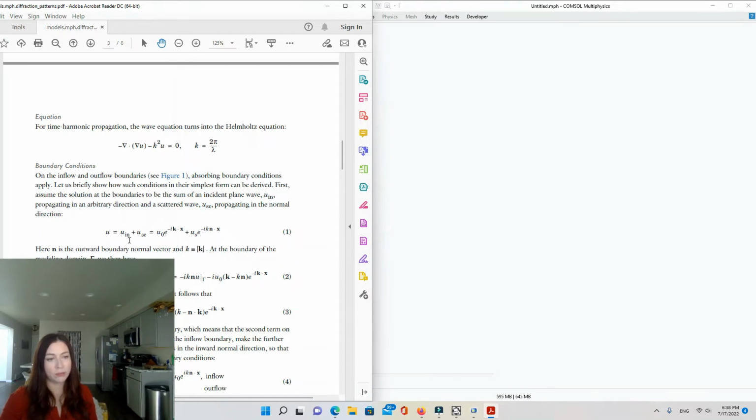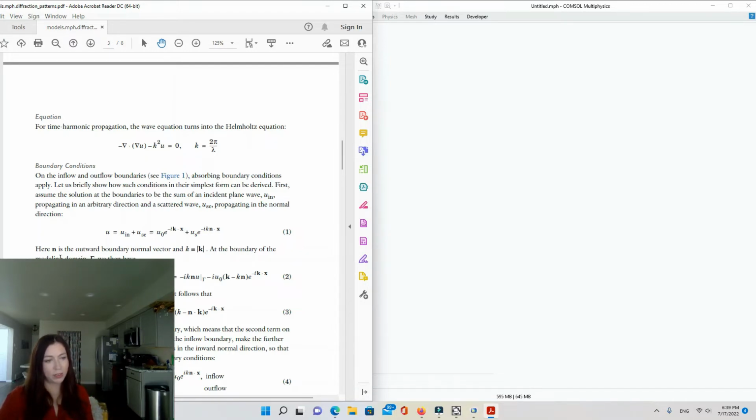So we have contributions from both of these terms making up the entire wave expression, which equals u naught e to the negative i k vector times x vector plus u s times e to the negative i k n vector times x vector.